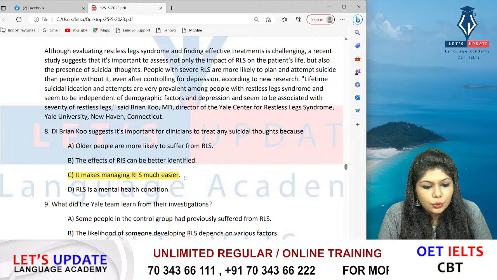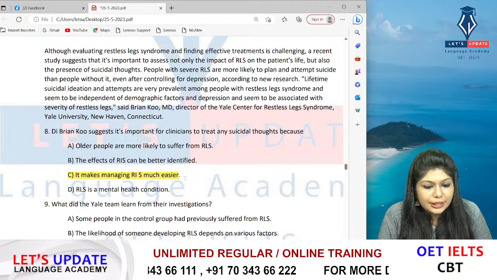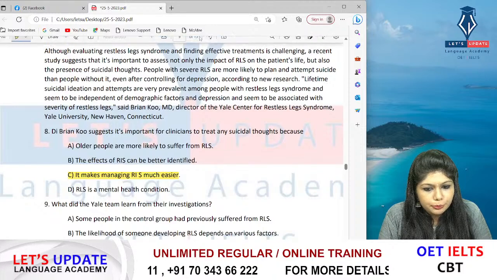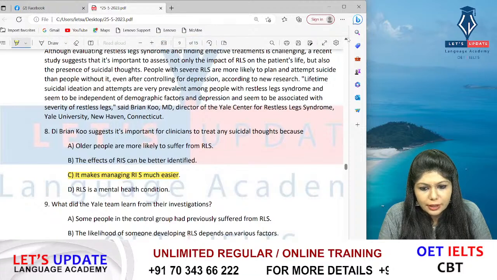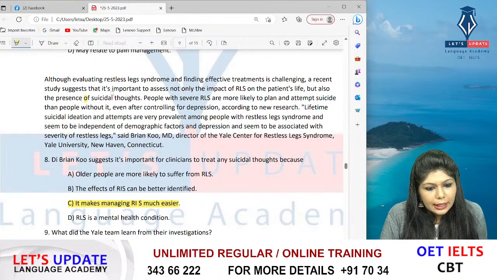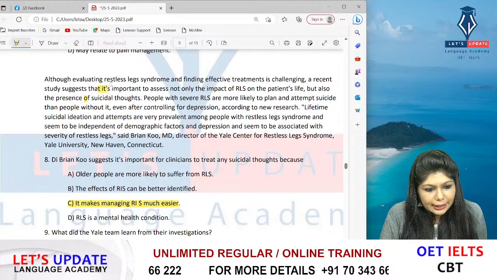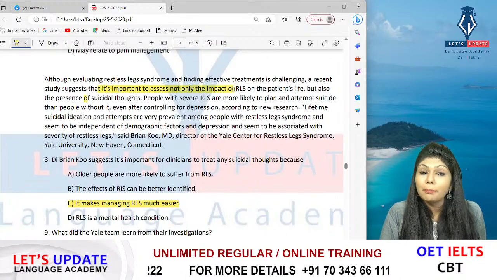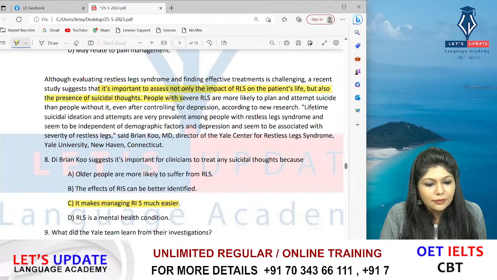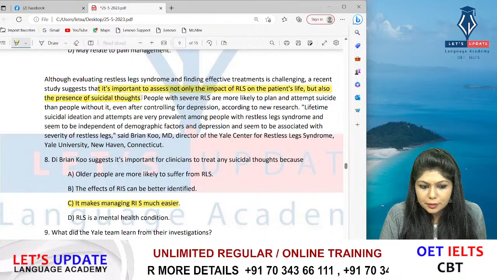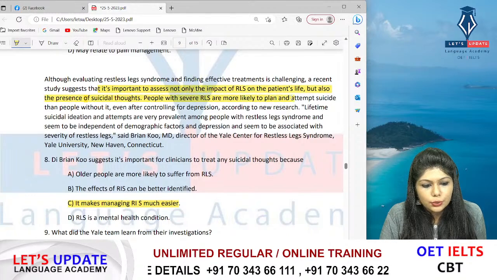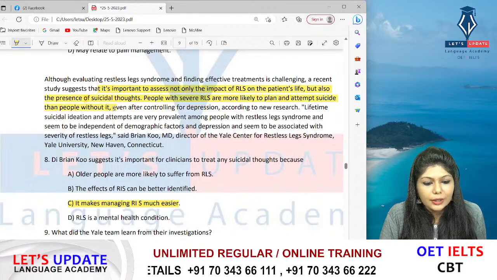It is actually mentioned in the very first part of the paragraph. Look at this. I'm going to highlight this part. It's important to assess not only the impact of RLS on the patient's life, but also the presence of suicidal thoughts. Because people with severe RLS are more likely to plan and attempt suicide than people without it.